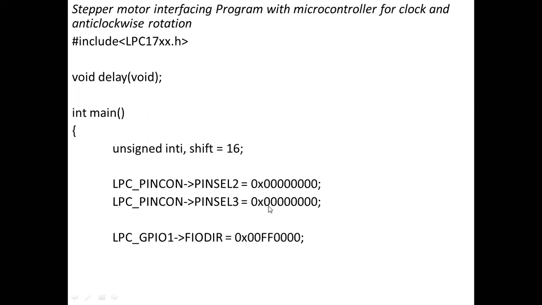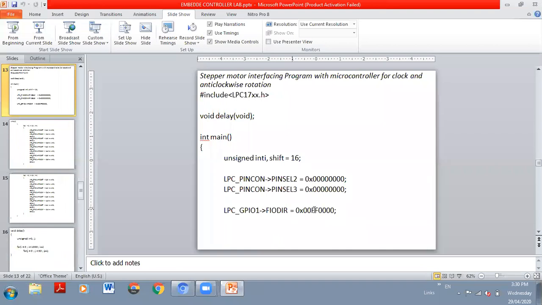Here which port are you using? 2301 is for port 0, right? 23 is for port 1, right? So which pins am I configuring from this? 16, 17, 18, 19. You can configure F or FF, but instead of FF you can configure only F, because you want only 4 pins. This much is enough now.